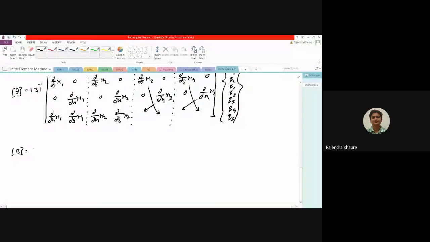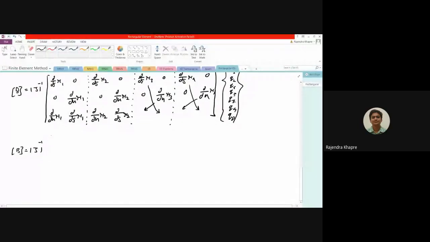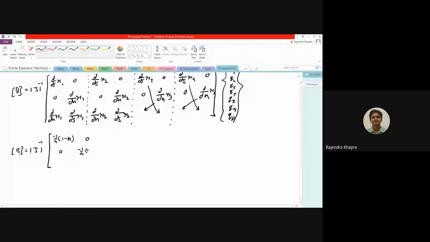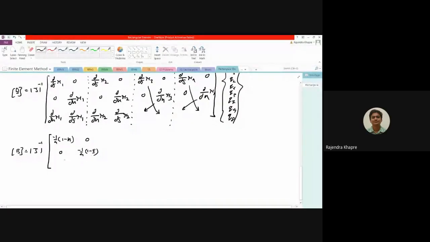So we have the inverse of this Jacobian matrix multiplied by, if I take out 1 by 4 common, let me write down, this is minus 1 upon 4 into 1 minus xi, this will be 0, this will be 0, this will be minus 1 upon 4 into 1 minus xi, this value will come over here, and this value will come over here.